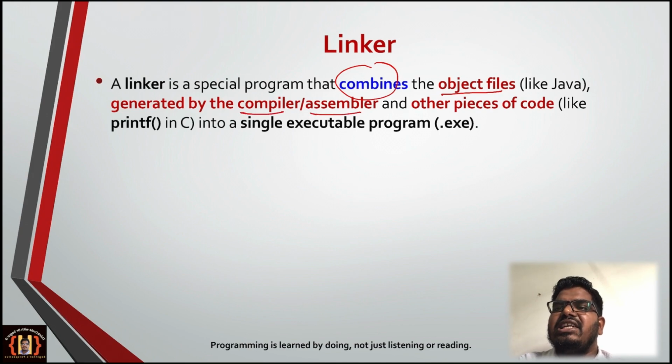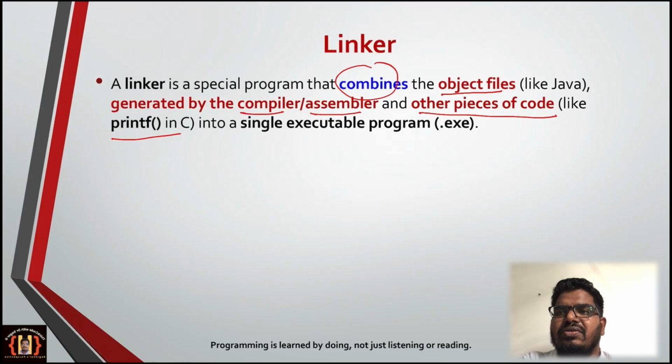These intermediate files, and apart from these intermediate object files, it also combines other pieces of code. What do I mean by other pieces of code? For example, you are using a printf function. You are not actually defining how printf should work in your C program. You are just using it to print your message.